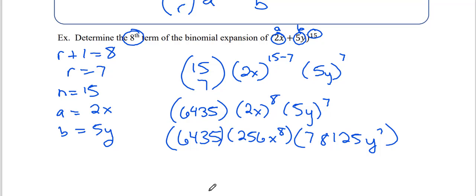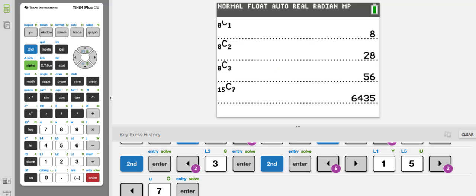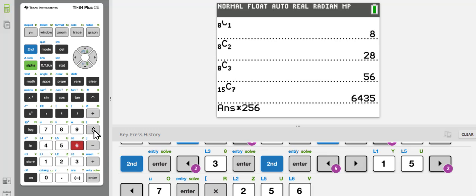Oh my goodness, my calculator overloads on that. Let me see if I can get it on this one without an overload. I didn't expect this number to be quite this big. Let's see if this one will do it. 6,435 times 256 times 78,125.